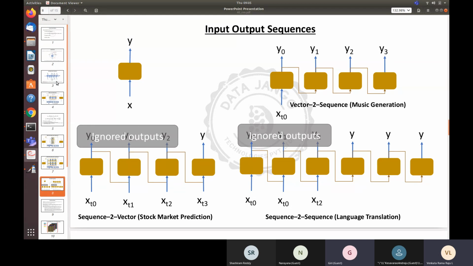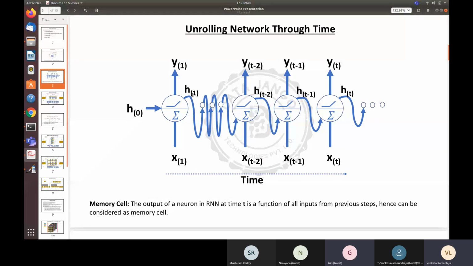Did I answer your question, or went into something else? Yes, sir. So the hidden state is generally Y-cap only. Generally, whatever the node generates is taken as Y-cap. But in LSTMs and GRUs, the hidden state is going to be different. It is calculated. It's a little more intelligent way of generating output and generating hidden state also.